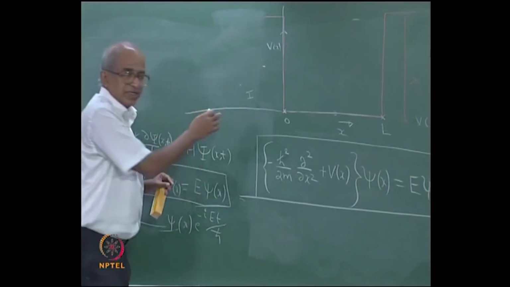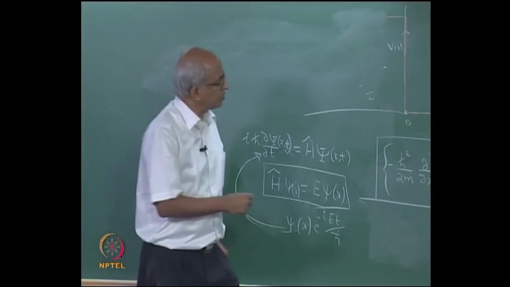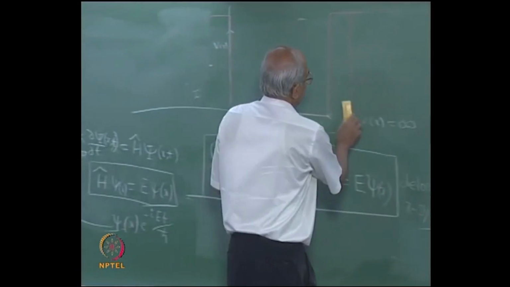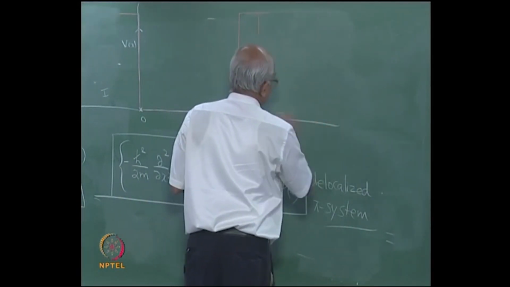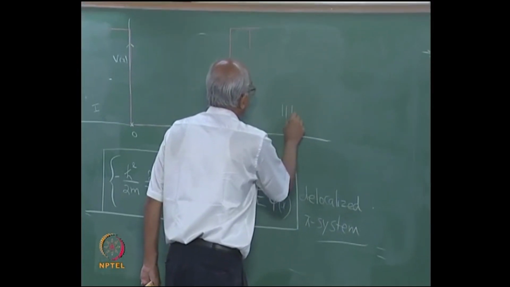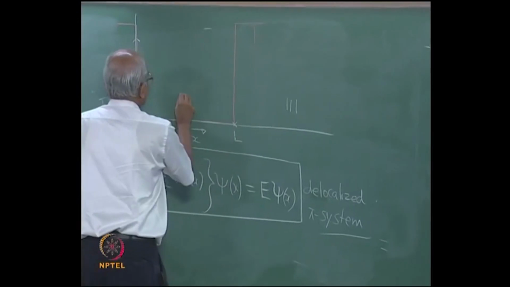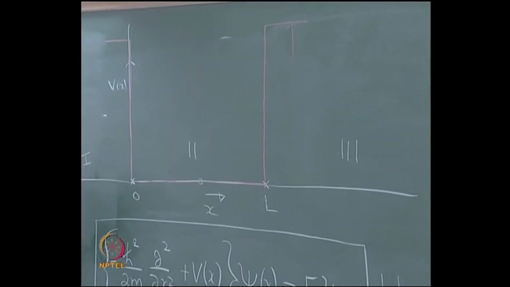It is the region where x is less than 0. The particle, if it exists there, is outside the box. Further, the region to the right side of the box I shall refer to as region 3, while the region within the box itself I shall refer to as region 2, and we are going to solve this equation.